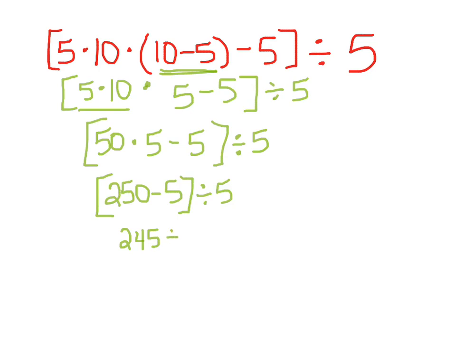And then bring down the division sign, divided by 5. And then all you have left is 245 divided by 5. Okay, you solve that, and you get 49. So the first thing we did was 10 minus 5.